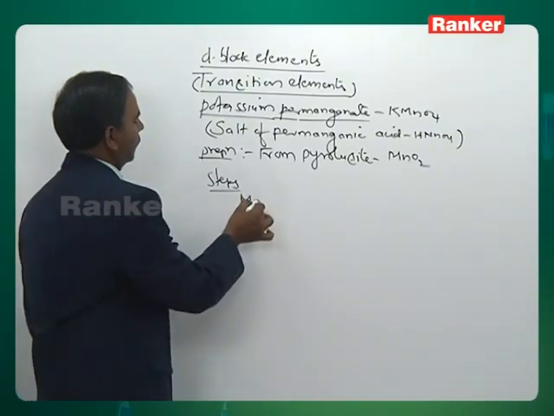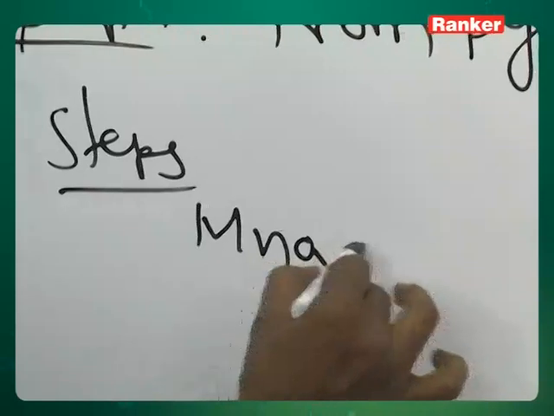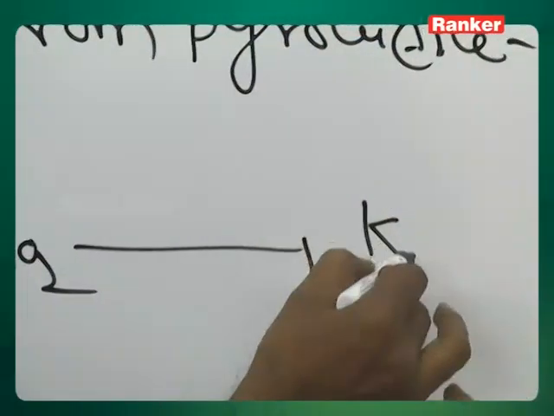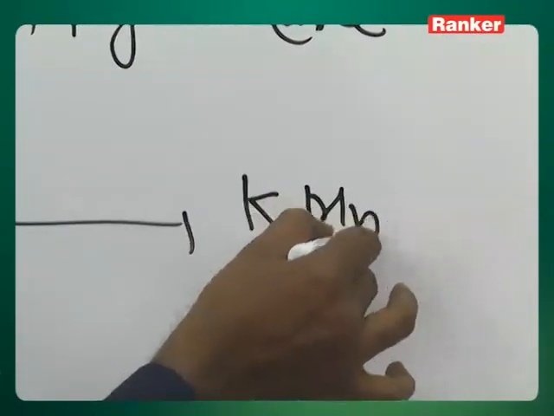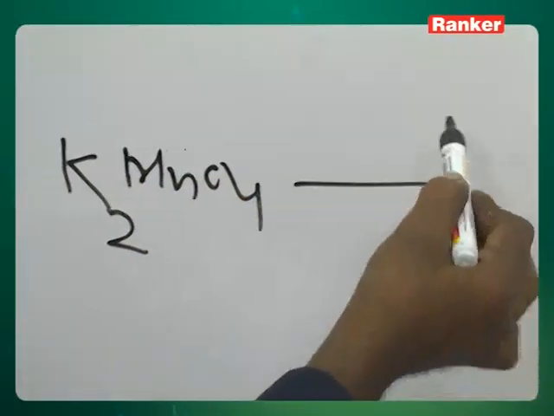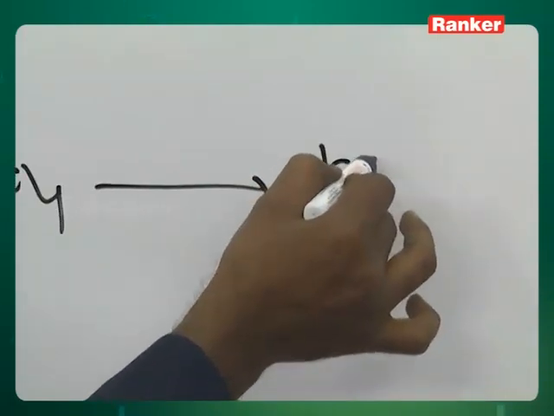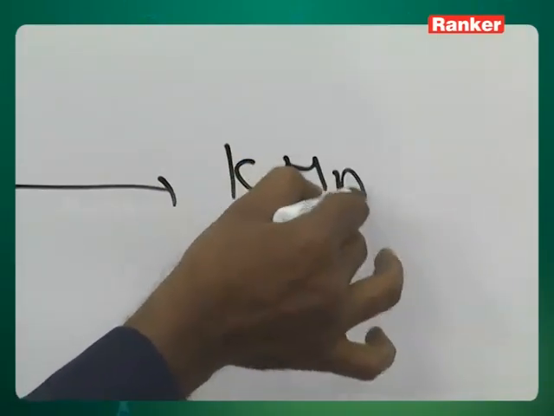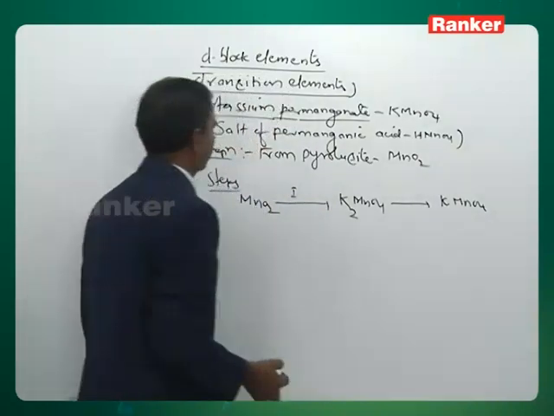This pyrolusite, first we have to convert into potassium manganate, K2MnO4 in the first step. The second step, it is converted into potassium permanganate KMnO4.